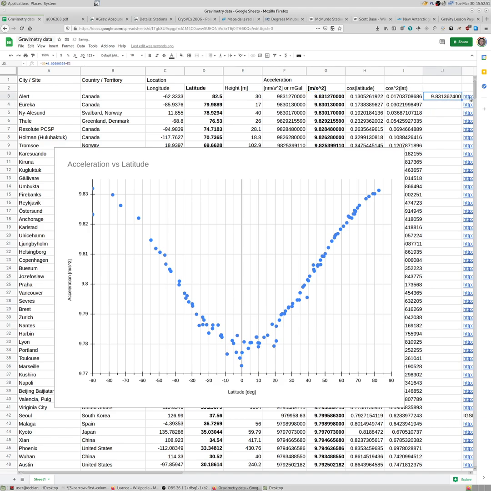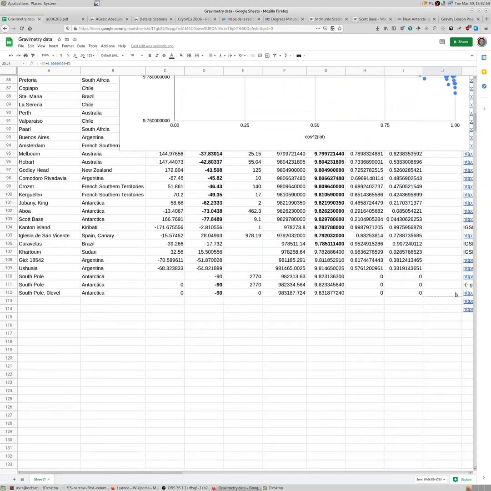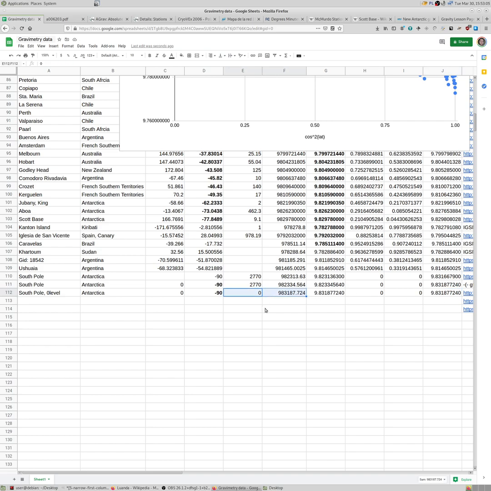Well, you don't need to, but let's assume this is true and see what happens. We will compute all the values for all the places. This is at height 0, so the value is the same. This one is at 2.7 kilometers, but after compensating, it's the same as at 0. So it looks to be correct.